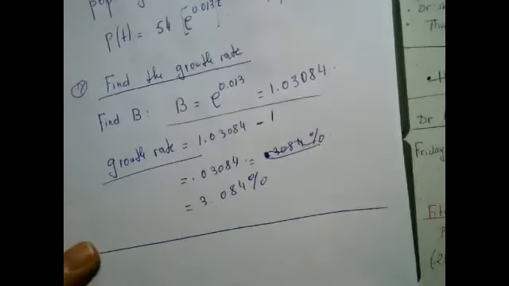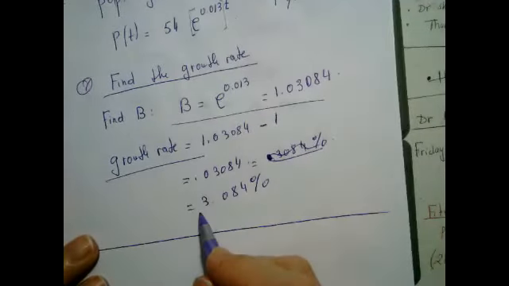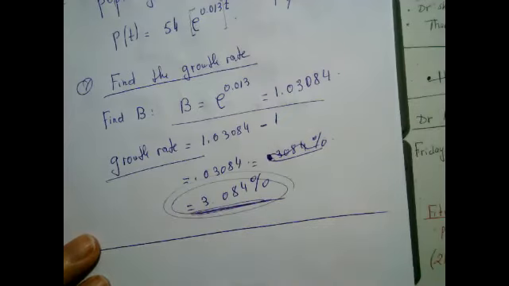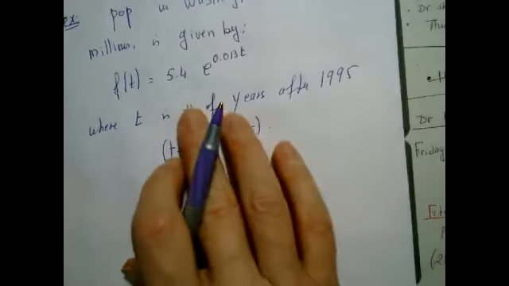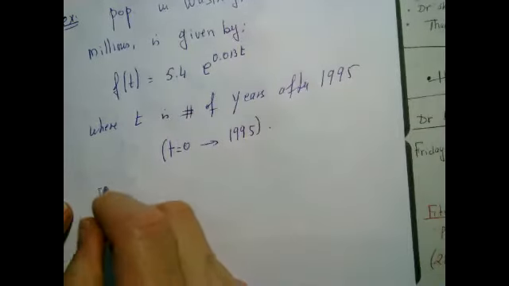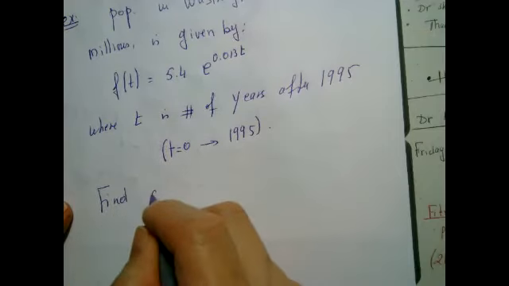So that's the population in Washington State. And this is the same example I took a minute ago. It means the population is growing at the rate of 3.084% per year. That's really the growth rate. But now I'm going to ask you the following question. Find the doubling time.